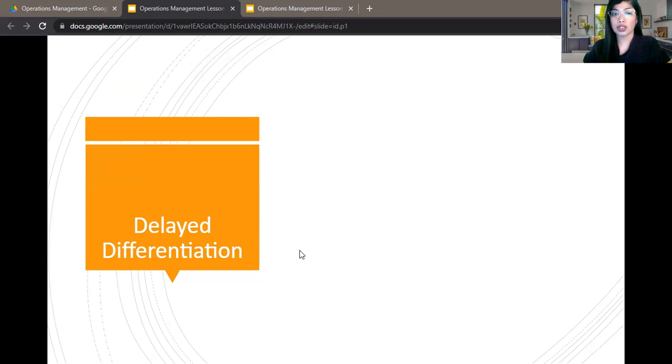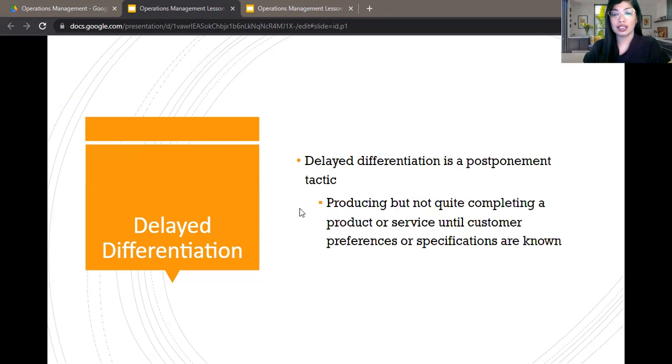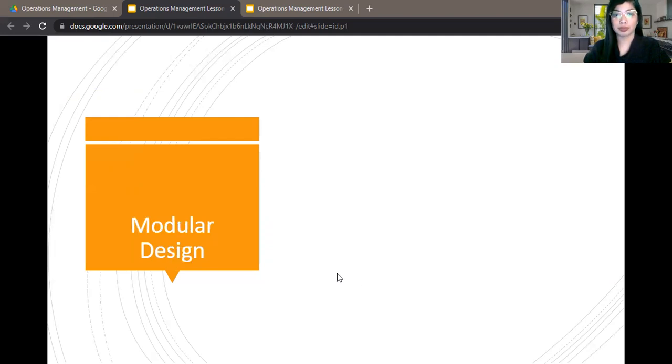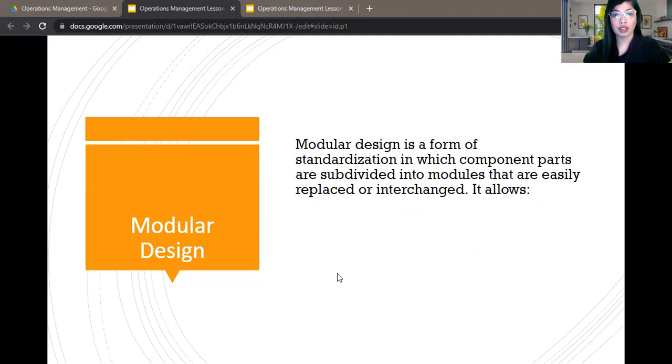Product differentiators can include better quality and service as well as unique features and benefits, as applied to hospitality industry businesses. Delayed differentiation is a postponement tactic, where you produce but do not quite complete a product or service until customer preferences, demand, or specifications are known.